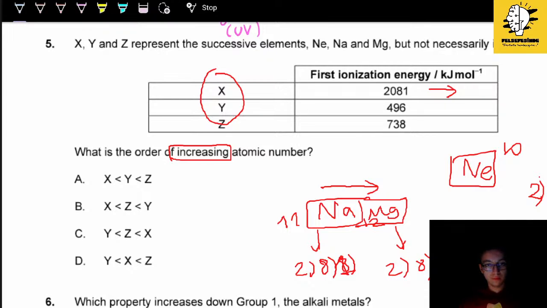Then neon would be the highest because its last electron does not want to move because they already have the octet. So X would be the highest one, neon. Then we already said magnesium would need more ionization energy. Then we said magnesium. And this is sodium.